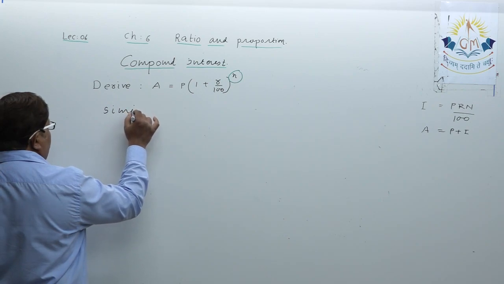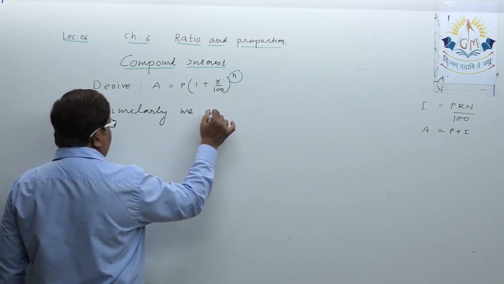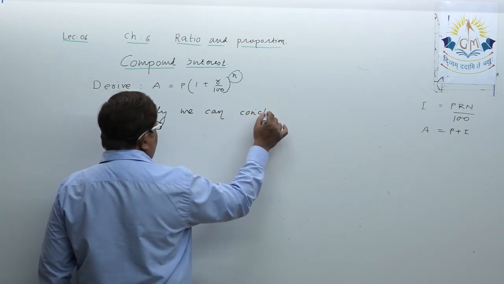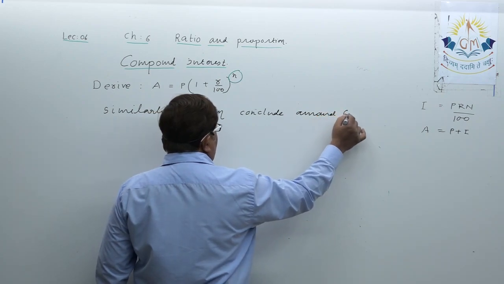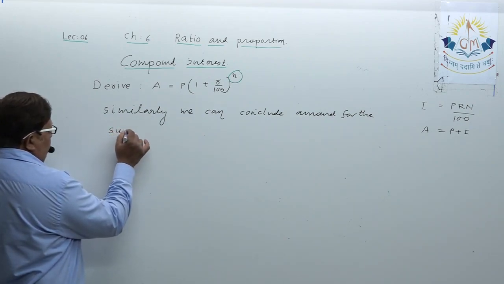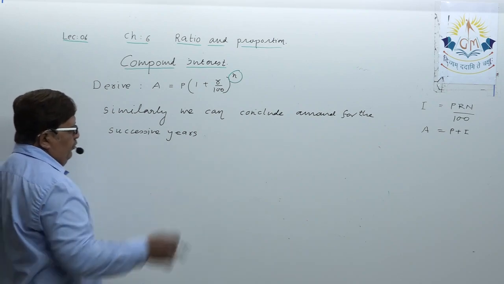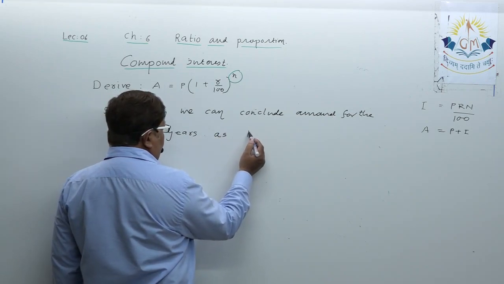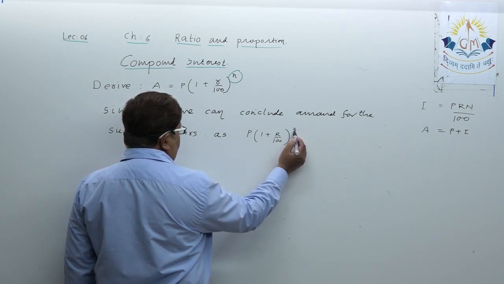Similarly, we can conclude the amount for the successive years. Successive years means, dear student, third year, fourth year, fifth year, as P into bracket 1 plus R upon 100 raised to 3.